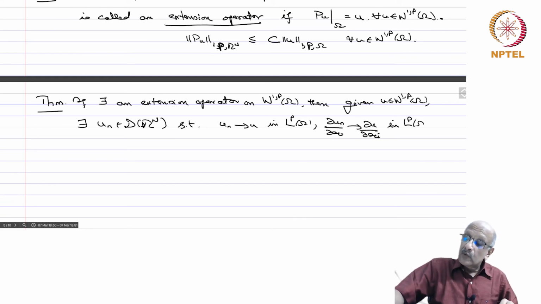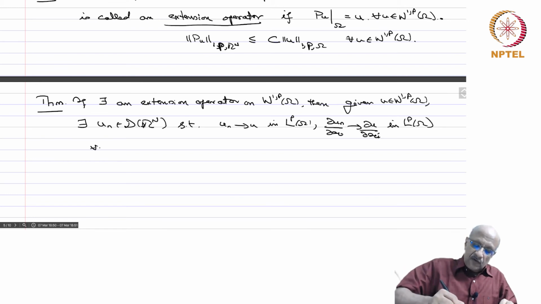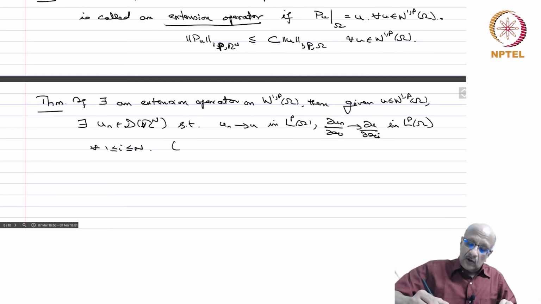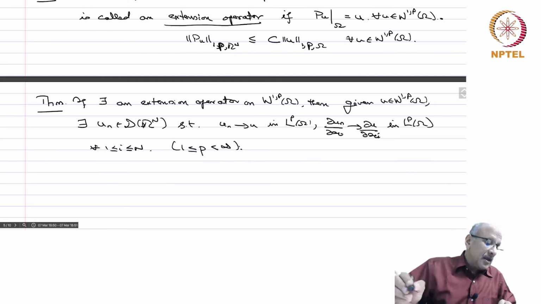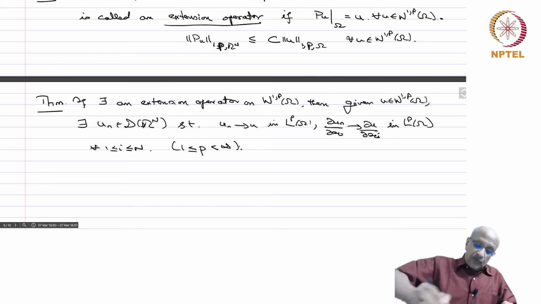Now you do not have to worry about relatively compact sets, for all 1 less than or equal to i less than or equal to n. Again, all these results are for 1 less than or equal to p strictly less than infinity. So, the proof is just one line.